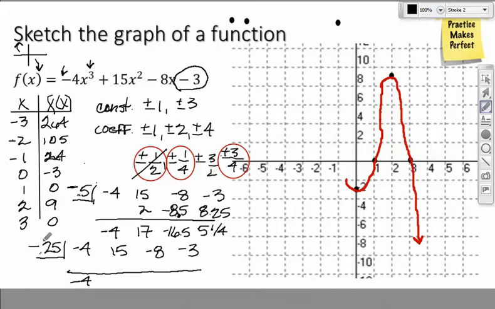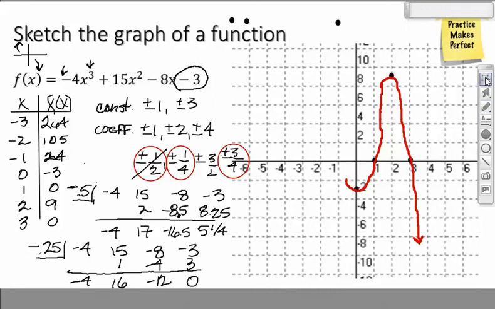So I'm having -0.25 multiplied by -4. That gives me a 1, which gives me 16. So I'll multiply 16 times negative 0.25. That gives me a negative 4, which gives me a negative 12 when I add it down. So negative 12 times negative 0.25 is going to give me a positive 3, which gives me a remainder of 0. So, ta-da!